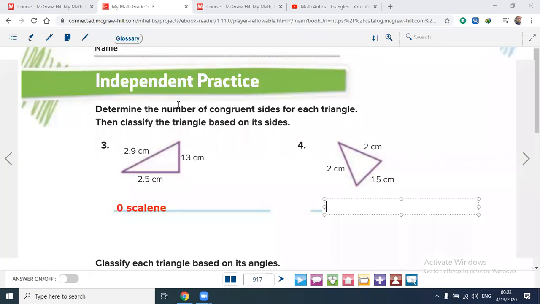So right here, two sides are congruent, and I will write the name of the type of triangle to be isosceles triangle. Isosceles triangle, okay? Is it clear?